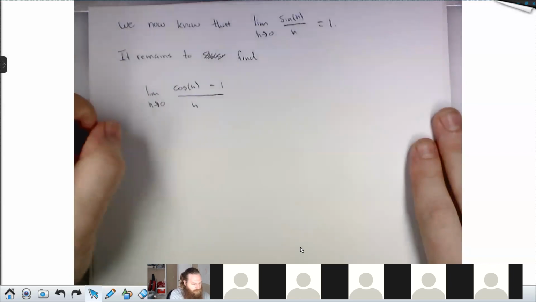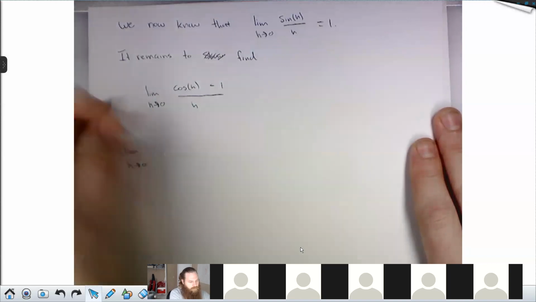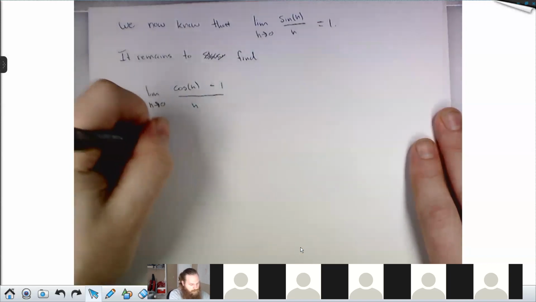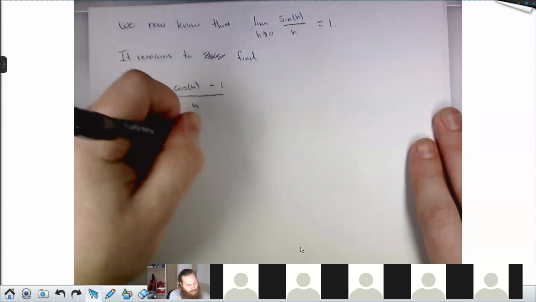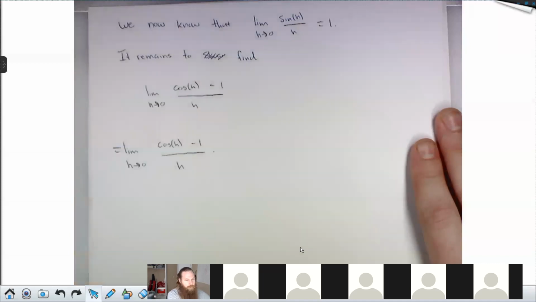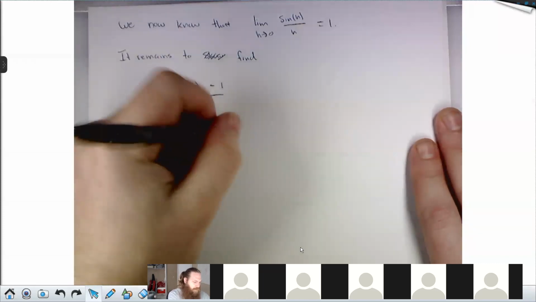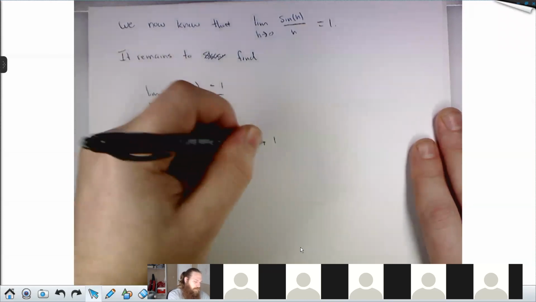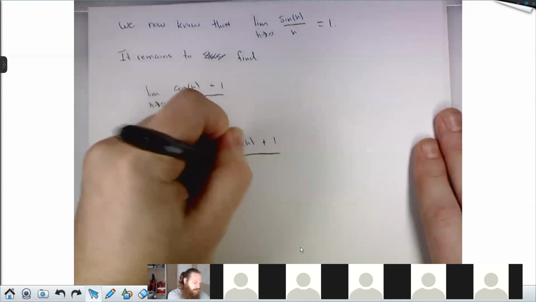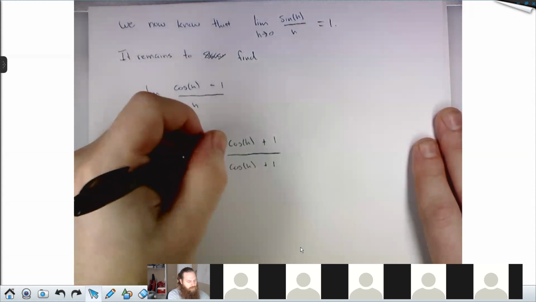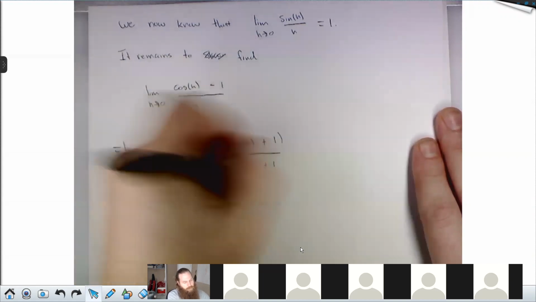So here's how we're going to do this. I'm going to use a trig identity together with the fact that sine h over h goes to 1 as h goes to 0. What trig identity? Well, first I multiply by a conjugate here. I'm going to multiply by cos h plus 1 over cos h plus 1. It's a sneaky trick. It's just like multiplying by the conjugate.